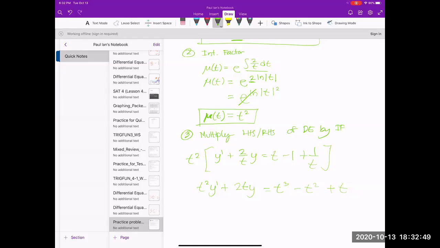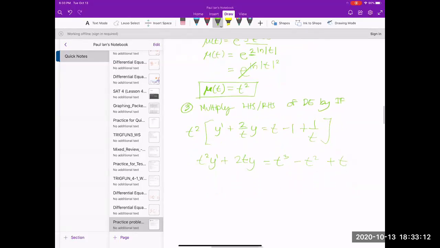So what do you get? t squared y prime plus 2ty equals t cubed minus t squared plus t. Okay, good. And then I guess you can't really simplify this. I mean, you could pull out the common factor t. I wouldn't. For the most part, you don't need to worry about simplifying this guy. Just leave it expanded.